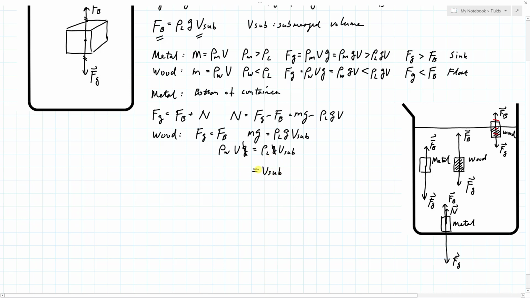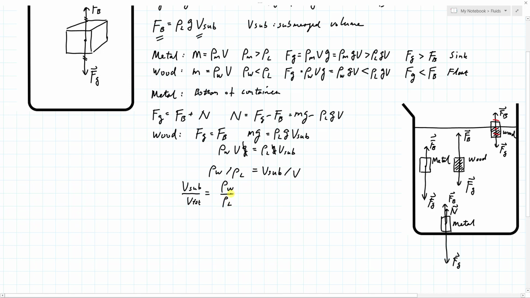So now you have this divided by the total volume is rho W over rho L. Let's not use a percentage sign. Let's just use V submerged over the total volume, just to be more clear what that volume is: density of wood over density of liquid.